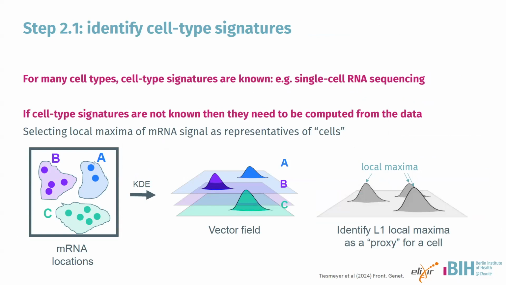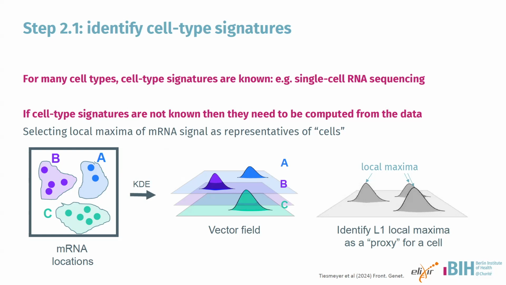Then you need to start relating those patterns to known gene expression profiles. So if you have a single cell gene expression experiment that's done already and you know the expression profile of T cells, you can use that directly, or you can figure it out from the data itself. So the approach we take is through identifying local maxima of gene expression signals. What I mean by this is, let's imagine that this is a representation of 3 cells, and we have some transcripts.